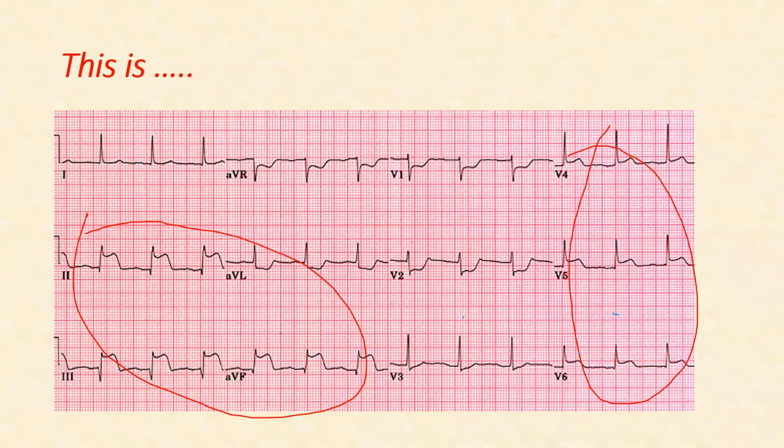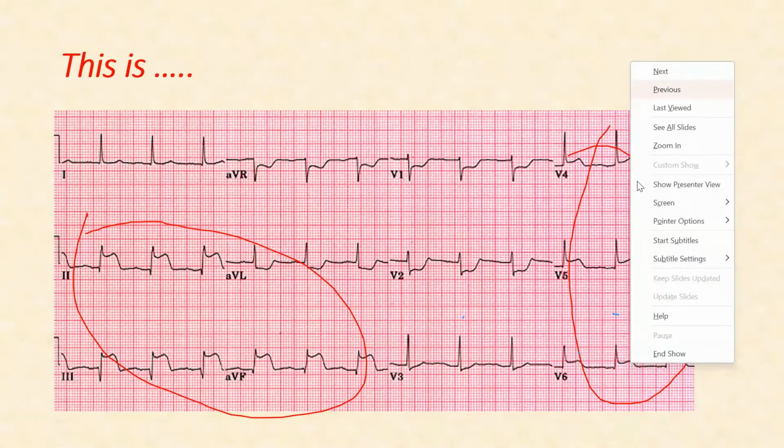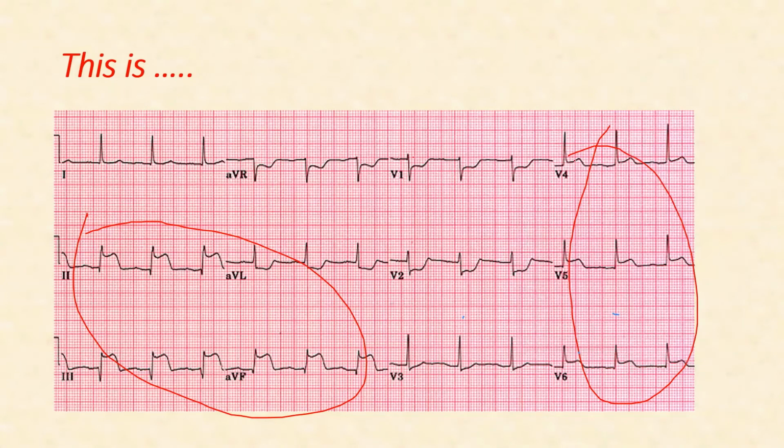Now the question is, could it be the LAD that is large, wrapping around the apex, supplying the posterior wall? Could it be? It would present with anterior, even anterior with inferior. But here we have V2, 4, 5, and 6, all with ST elevation.